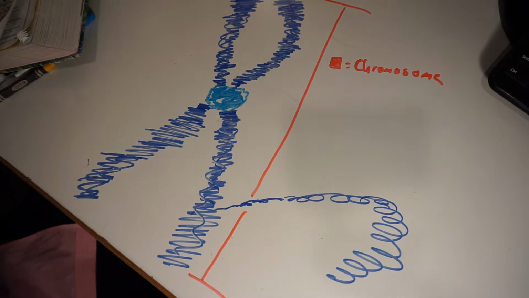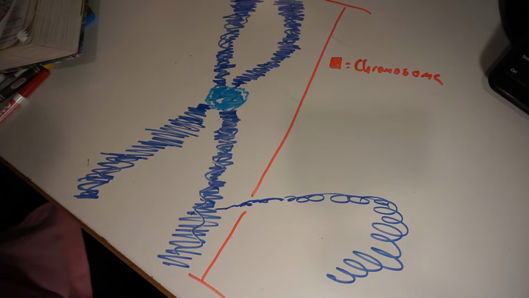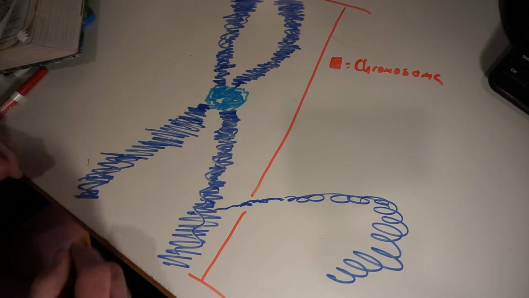So, chromatid with a D, we're going to represent in yellow.